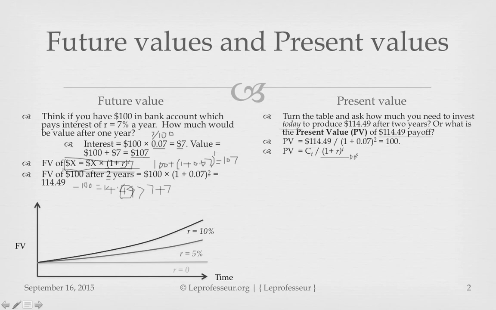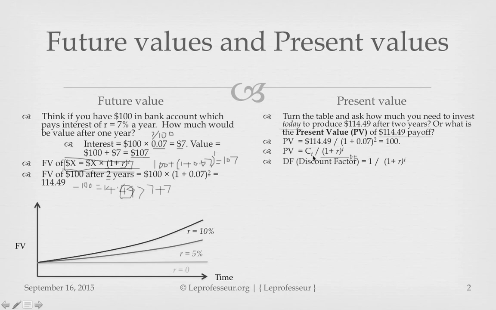1 over 1 plus r to the power t is the discount factor. Ct is the cash flow at time t. So the cash flow after 2 years is 114.49 divided by 1 plus your interest rate of 7%, 0.07, to the power 2. You got about 99.9, which rounds off to 100.